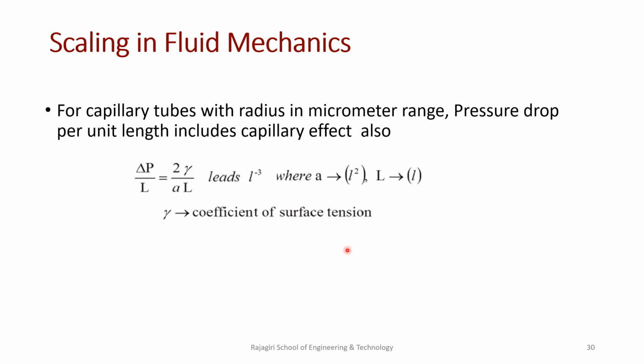Now, if the capillary tubes have a radius in the micrometer range, the pressure drop per unit length will include the capillary effect also.